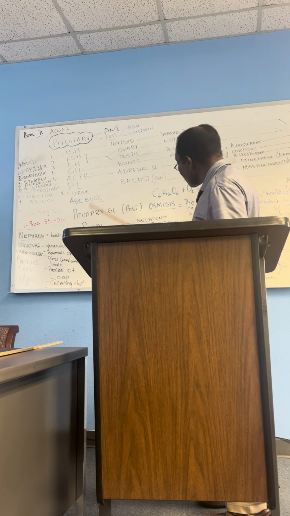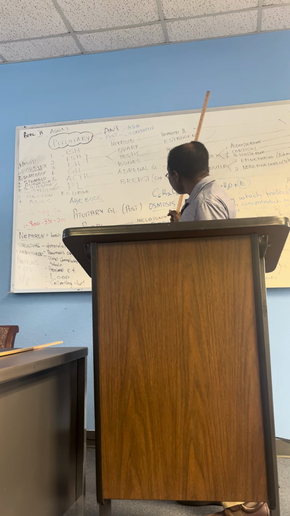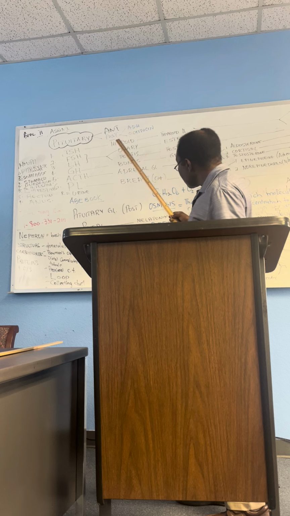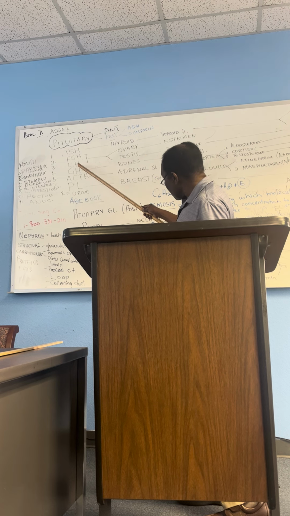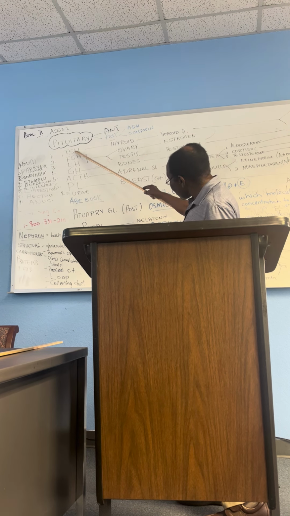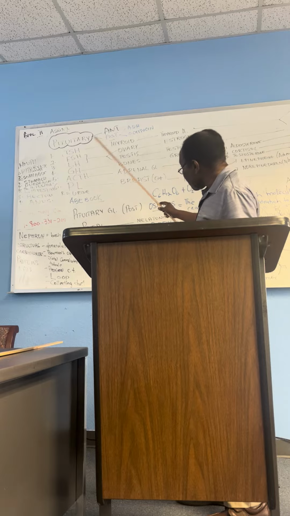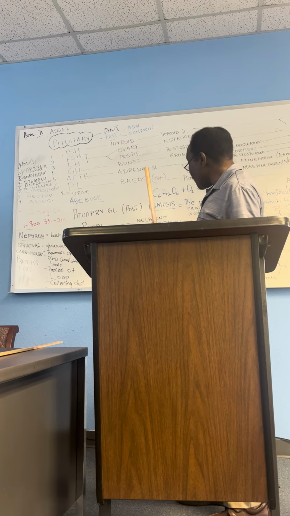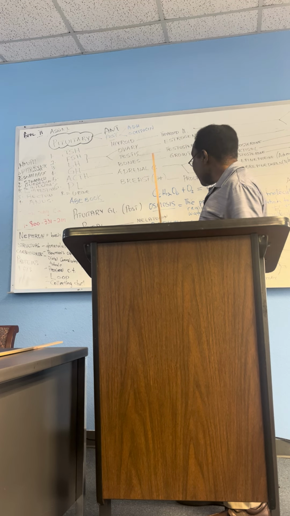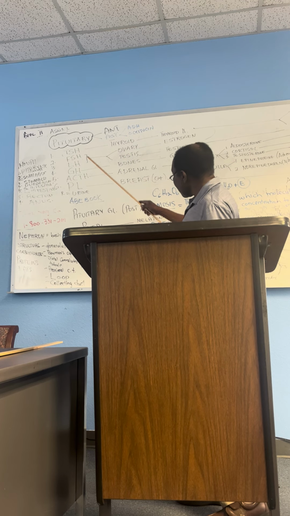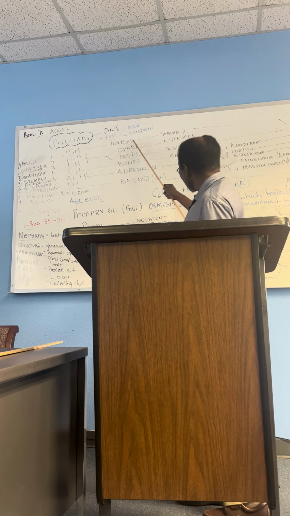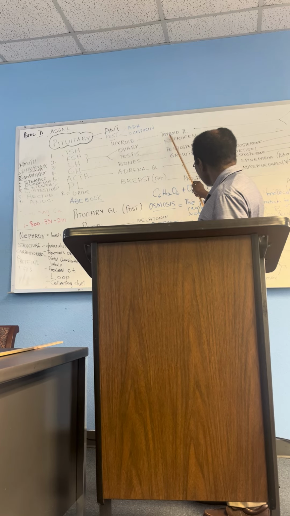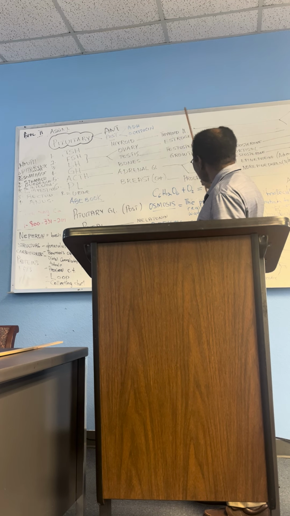Okay, so we want to look at the functions of each of these hormones, what happens when they are produced. Like here, thyroid stimulating hormone coming to stimulate the thyroid to produce the thyroid hormone.